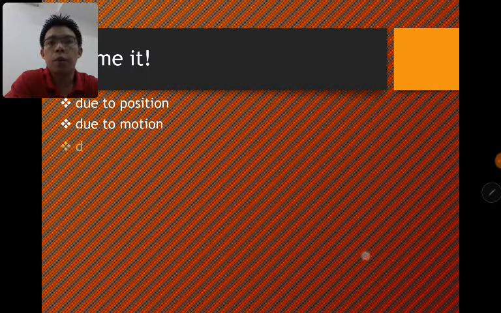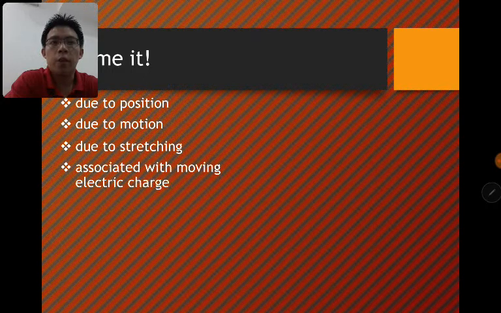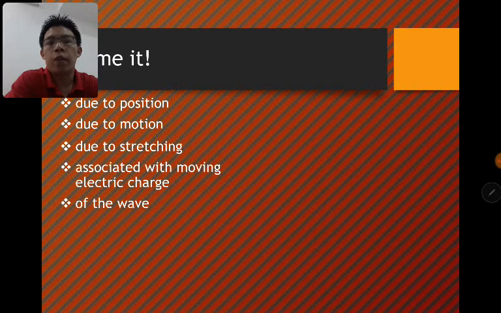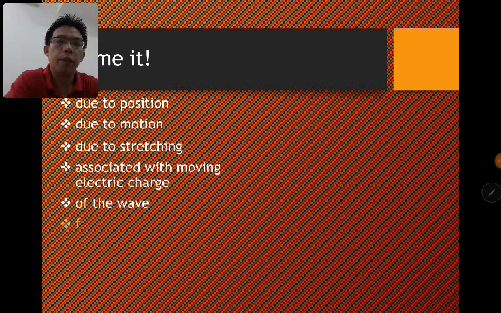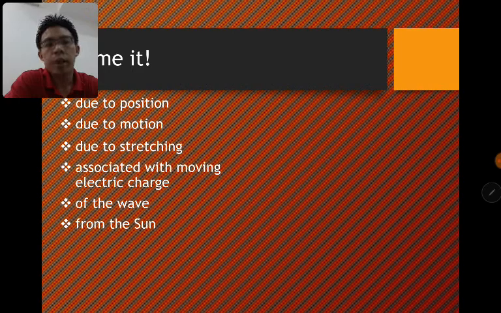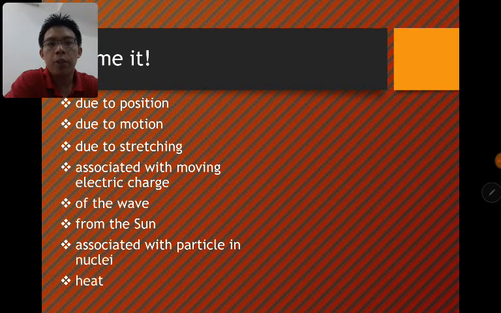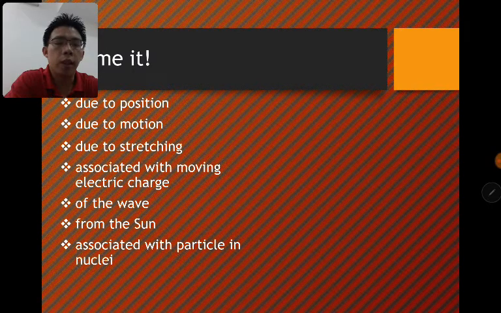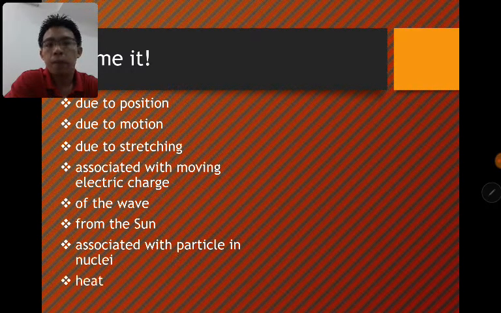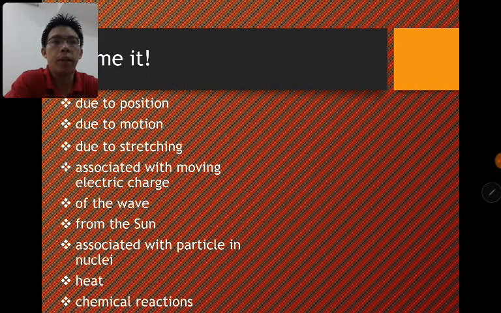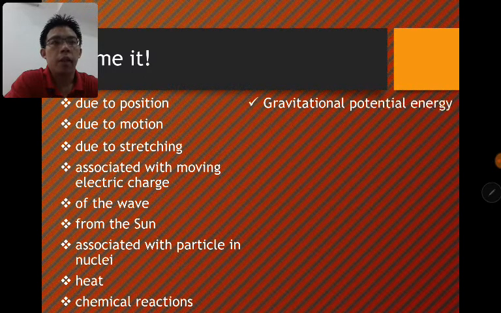Second one is due to the motion, energy that's due to stretching, energy that's associated with moving electric charge, like in the circuit, energy of the wave, like the sound wave just now, energy that comes from the sun, energy that's associated with particles in nuclei, energy that's related to heat, and energy that's related to chemical reaction. Okay, you can pause the video to write down all. I'm going to show you here.